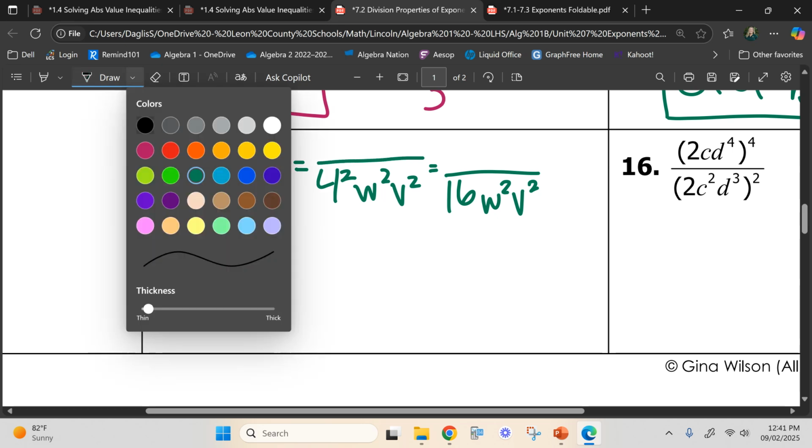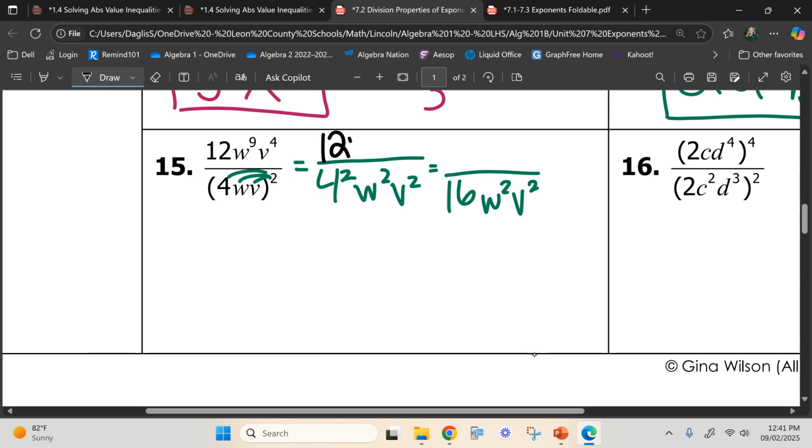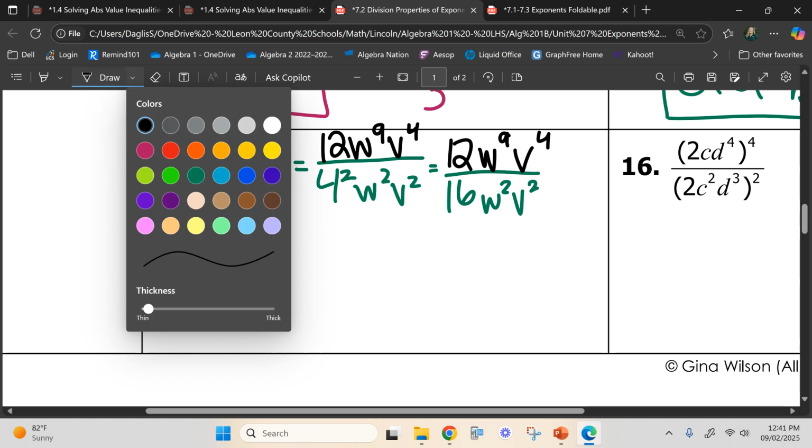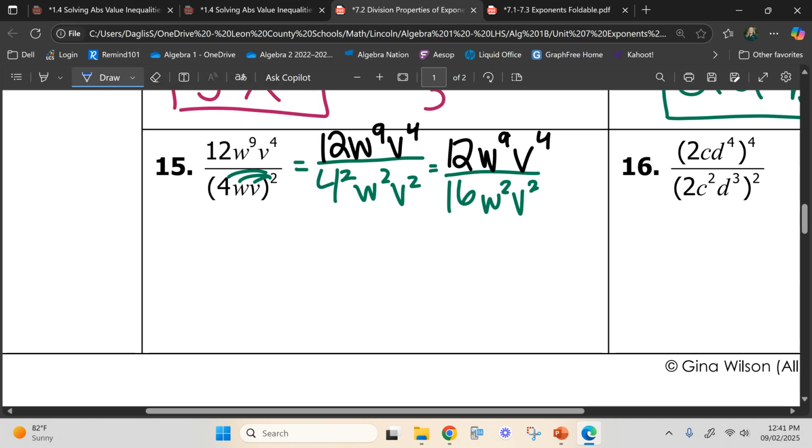All right, we did not mess with our numerator, which was 12w to the 9, v to the 4. Over 16 is 3/4. Yep, you can divide both of those by what? 4? Yeah. 12 and 16 can both be divided by 4. So that becomes 3/4. All right, what's my new W? 7.